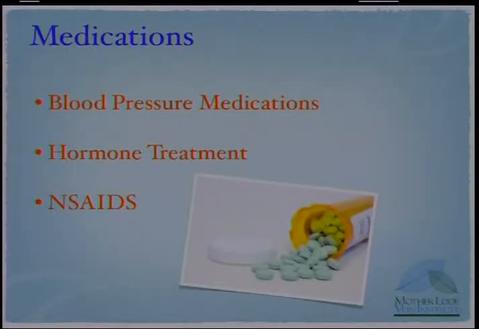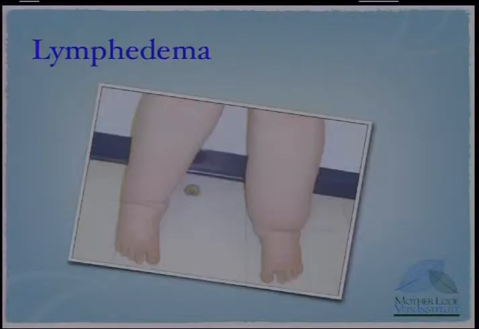Medications, especially blood pressure medications, are frequently culprits for causing swelling of the legs. Hormone treatment and also what are called non-steroidal anti-inflammatory medications like aspirin can frequently cause swelling of the legs. Lymphedema is when the small lymphatic channels that drain fluid from our tissues into our veins become disrupted in some way, and this results in swelling.